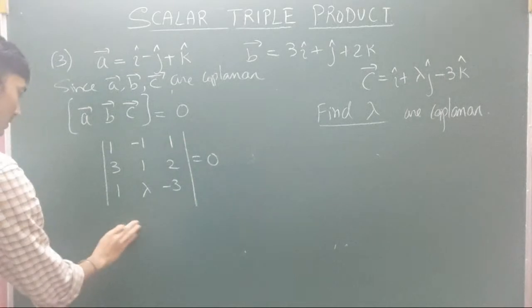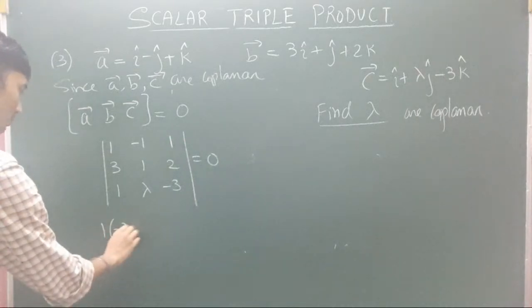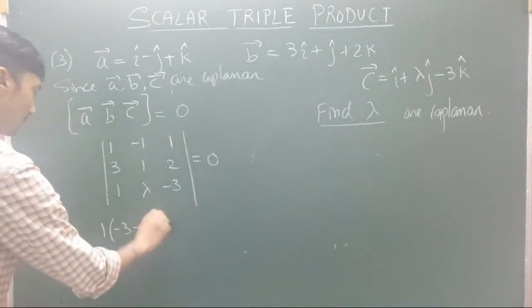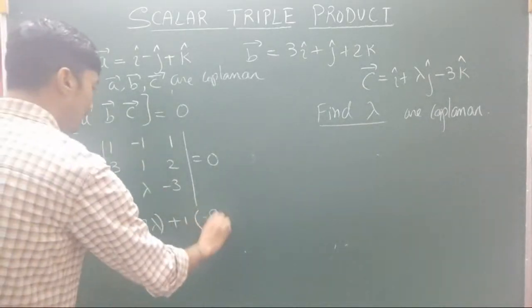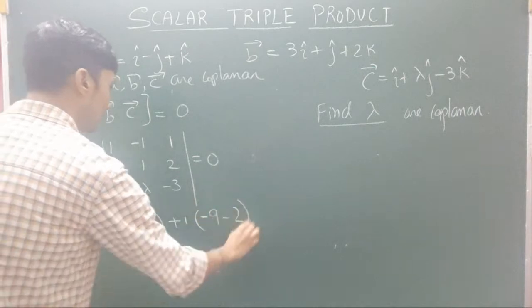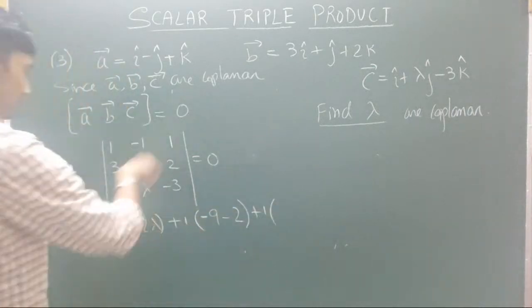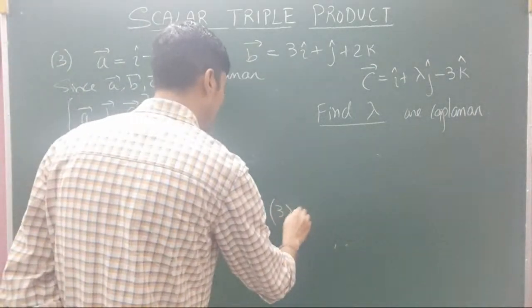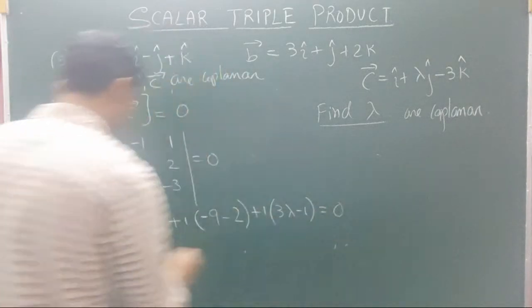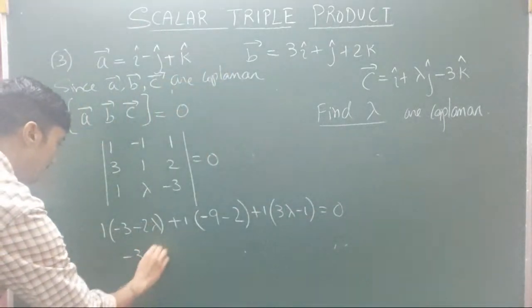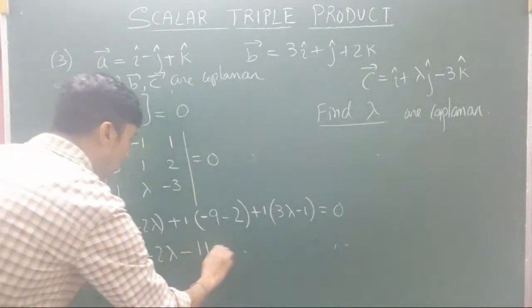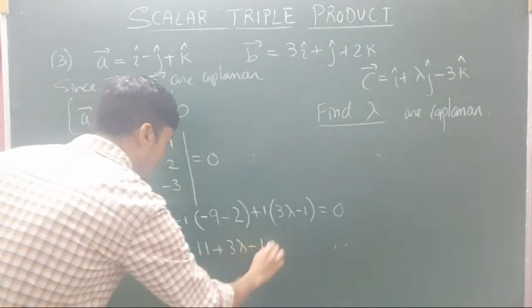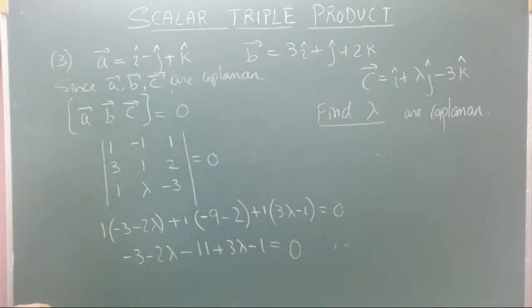Let's calculate this. That's 1 into minus 3 minus 2 lambda, minus minus 1 into 3 times minus 3, which is minus 9, minus 2, plus 1 into 3 lambda minus 1, equal to 0. So that's minus 3 minus 2 lambda minus 11 plus 3 lambda minus 1 is equal to 0.